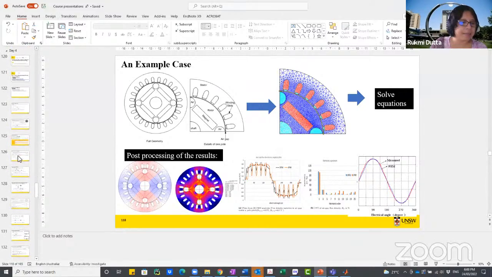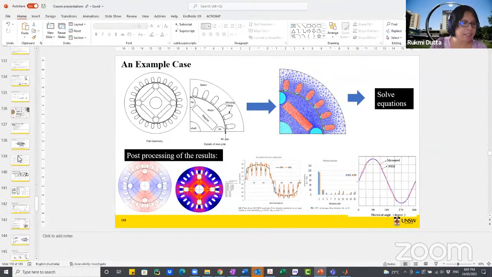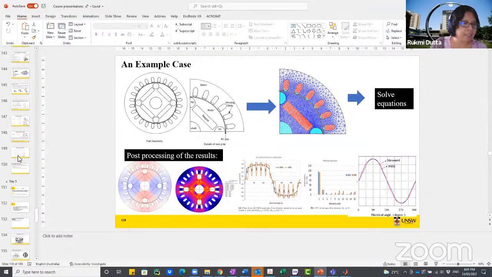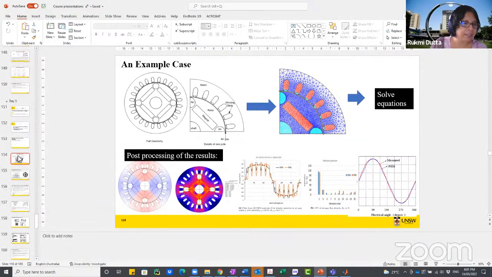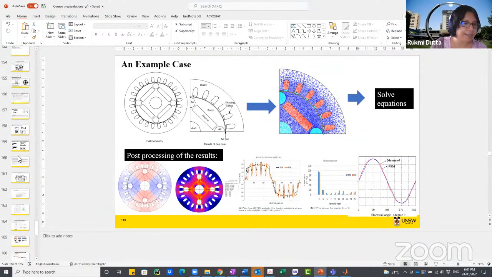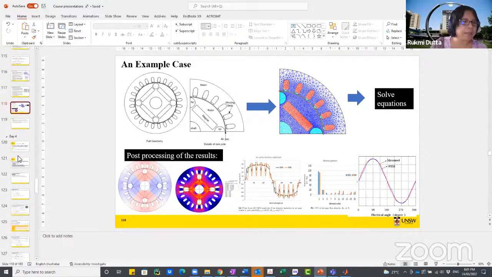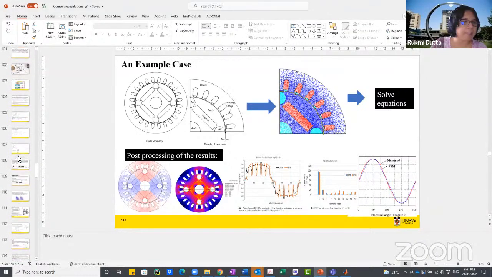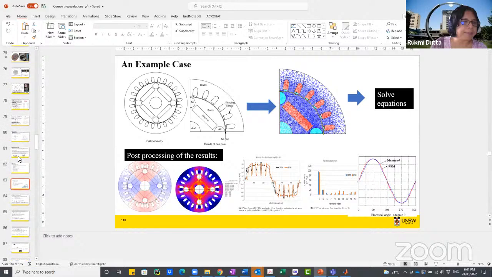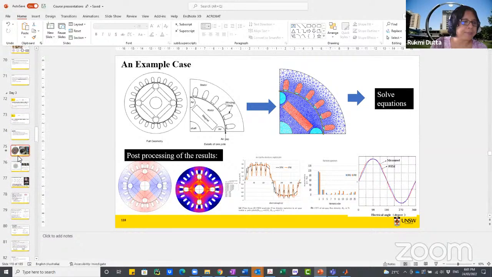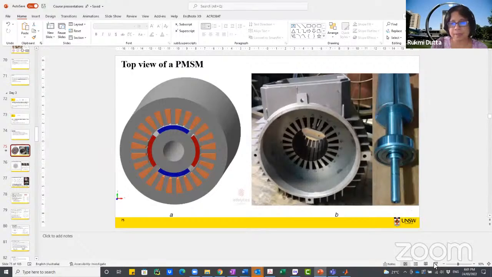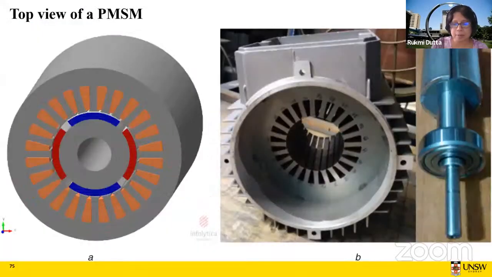I thought I had a good picture, but it looks like some is missing. Anyway, let me go back to one of the IPMSM pictures so that I can explain to you. We started with this one yesterday.